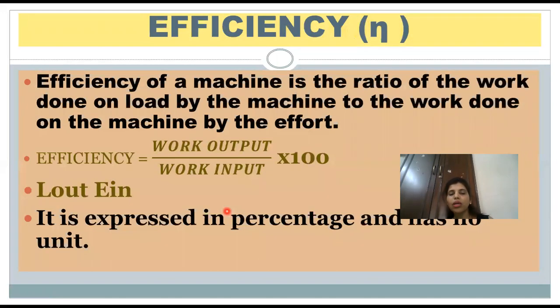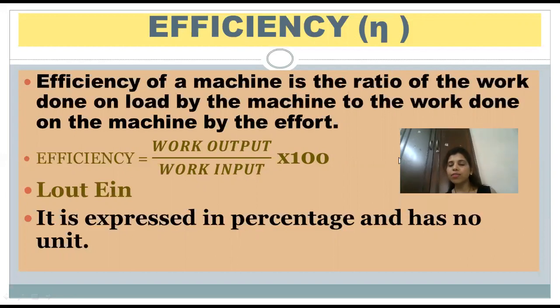Now, efficiency. This is the next term which is very important with respect to machines. Whenever you are using a machine, you're going to select that particular machine so that it will decrease your effort and also save your time. That is known as the efficiency of the machine, how efficiently it will be helping you to do that work.